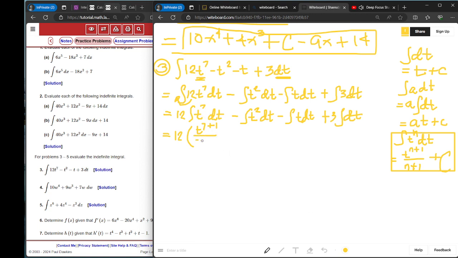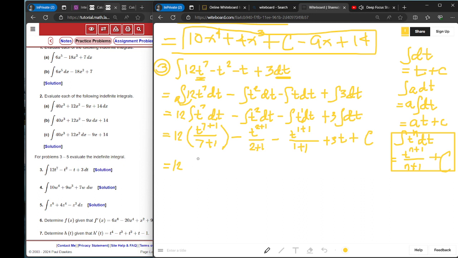So that would be 7 plus 1, minus t to the power of 2, over 2 plus 1, minus t to the power of 1 plus 1, since t, as understandable, has a power of 1, over 1 plus 1, plus 3t, and we should not forget c. Then we can simplify them further.